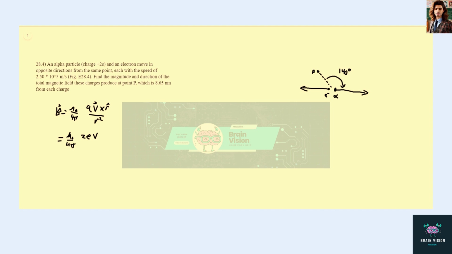The cross product gives the sine of the angle between them, so that's sine of 140 degrees, over the distance r squared. So that's the B field for the alpha particle.